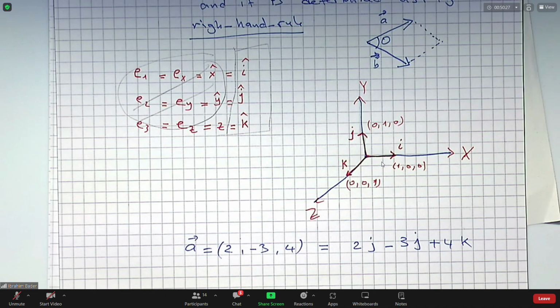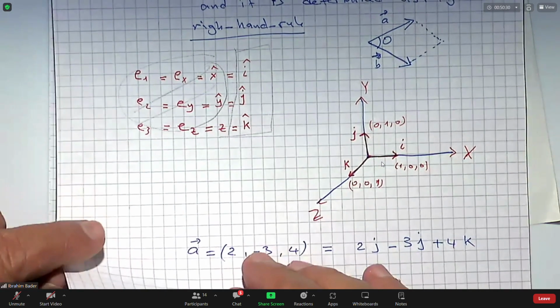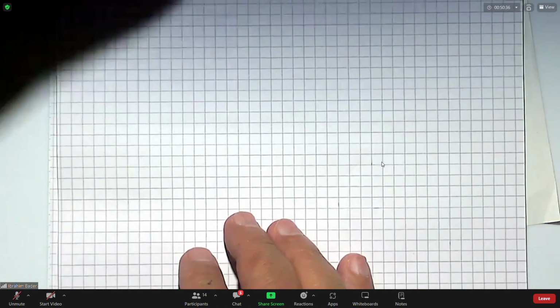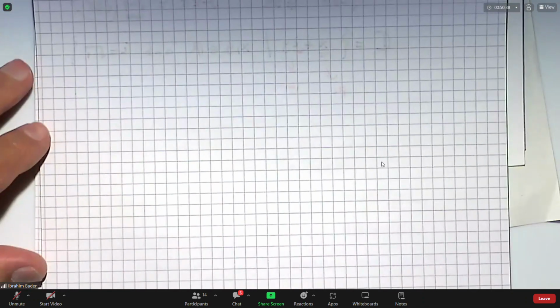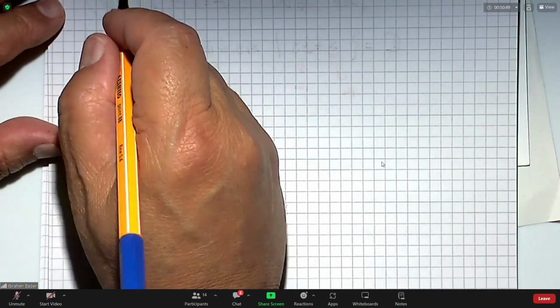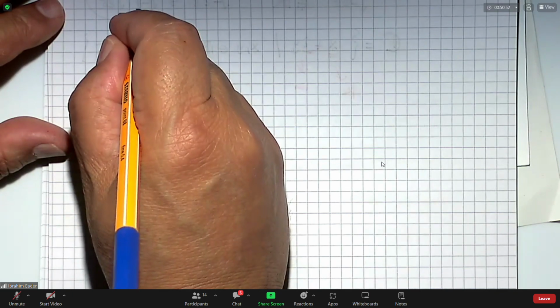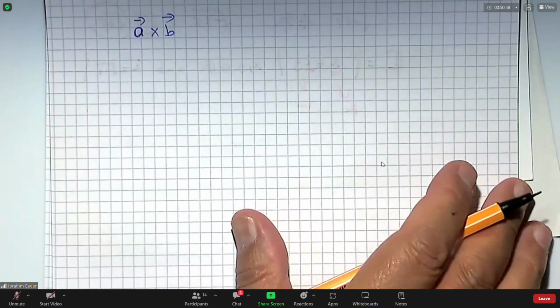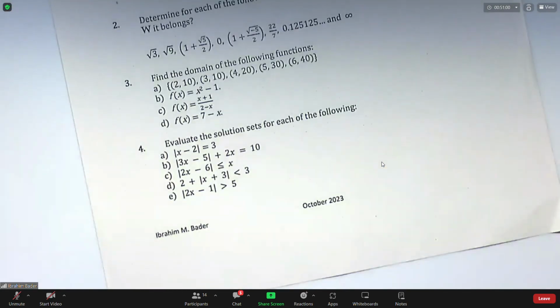All right. Now, how to evaluate the cross product? I will give you the formula, and then we will spend some time evaluating determinants.